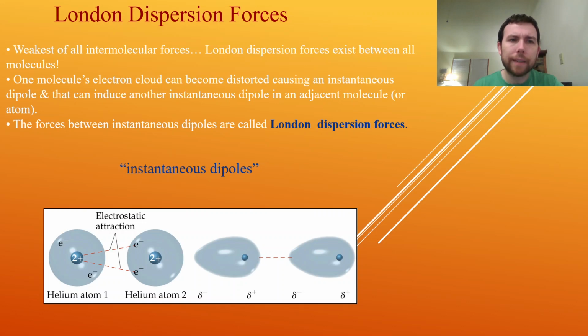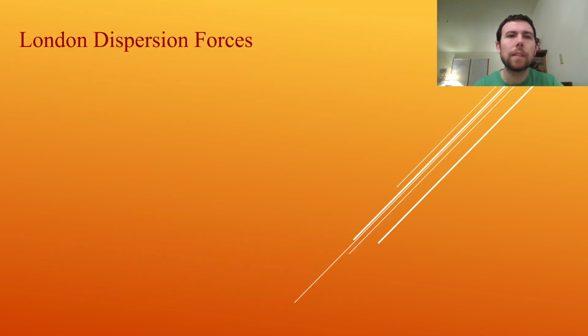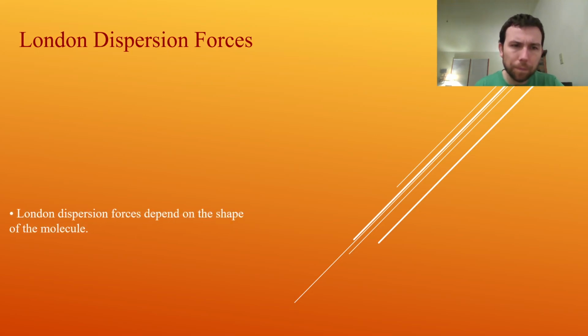Now, again, the forces between these instantaneous dipoles are called London dispersion forces. Some more information on our London dispersion forces: they are going to depend on the shape of the molecule.